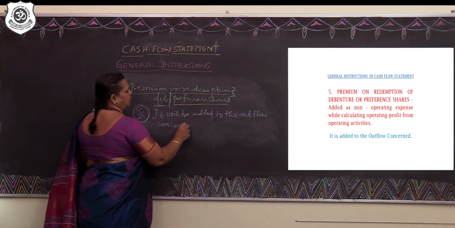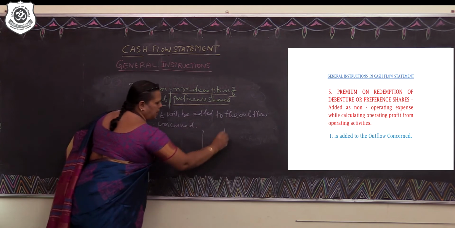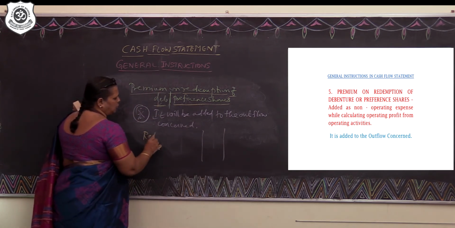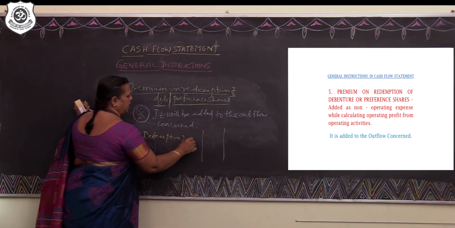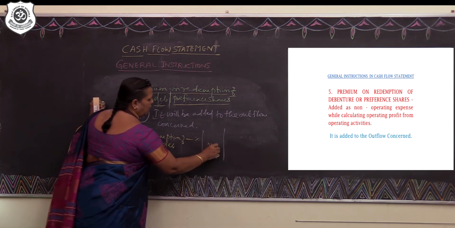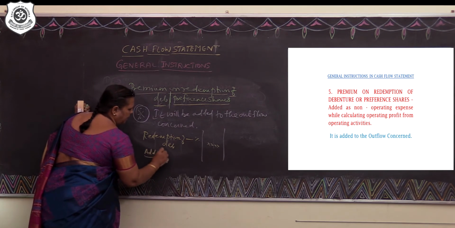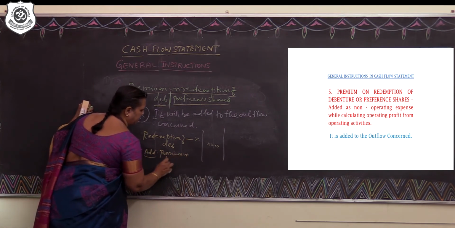It will be added to the outflow concerned. So, in the cash flow statement, under cash flow from financing activities, find redemption of debentures: redemption of dash percent debentures in the inner column, amount and premium on redemption of debentures.